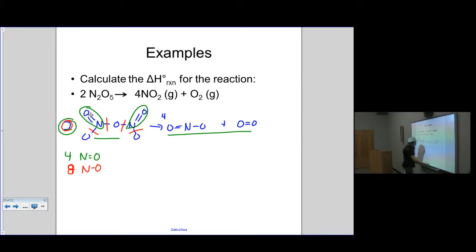And then on this side, let's see, this we're going to break, and this we're going to form. Now I'm going to form NO bonds, double bonded, and since there's 4 of those, I'll have 4 NOs. I'm going to break 4 NO single bonds, and then I have this oxygen, so I have 1 O=O to form.